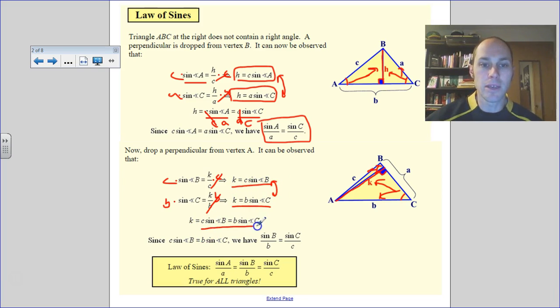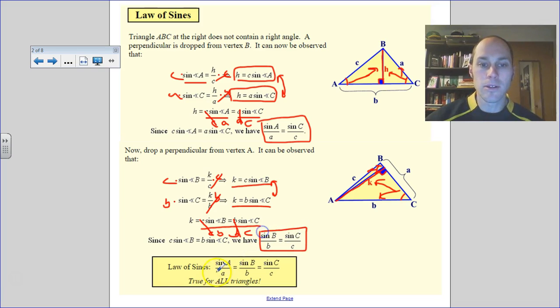So C times the sine of B equals B times the sine of C. And we can solve both those, divide both sides by C, and divide both sides by B. And I get sine of B over B equals sine of C over C.